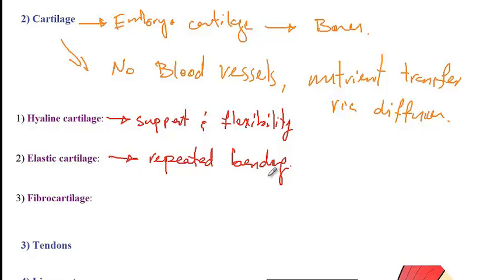Another example of an elastic cartilage is our external ear that is capable of bending. The next type of cartilage is fibrocartilage, which is highly compressive. This type of cartilage is found in areas that bear heavy pressures, like for instance in the menisci of the knees, or in our intervertebral discs.